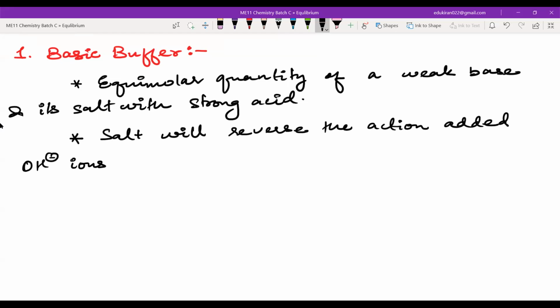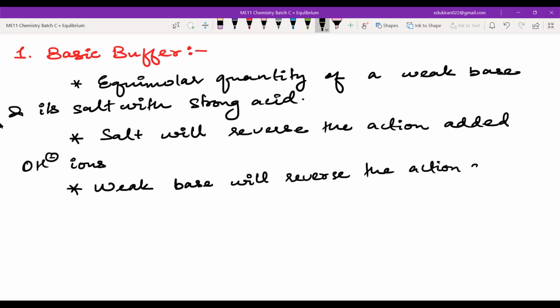Okay, the salt will reverse the action of OH negative ions, and the weak base will reverse the action of H positive ions.